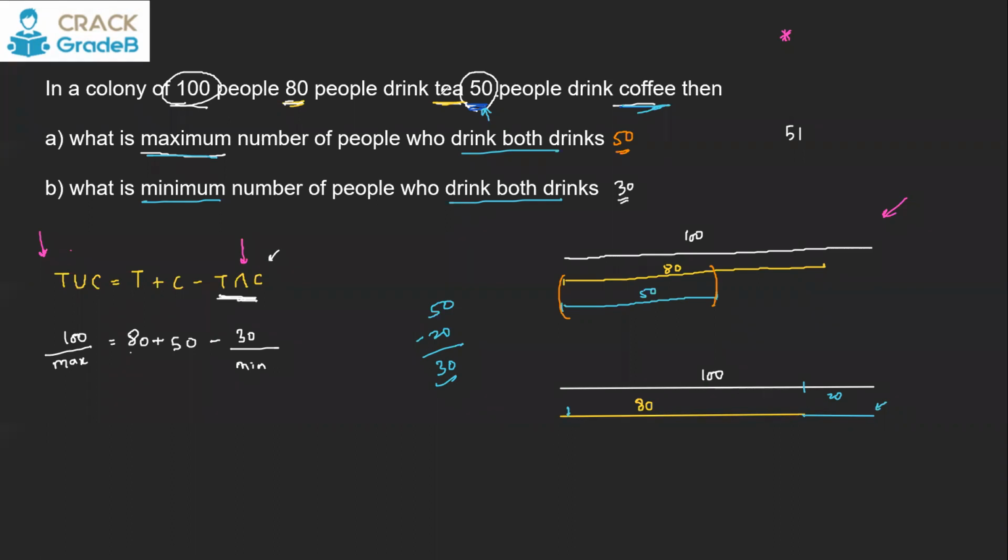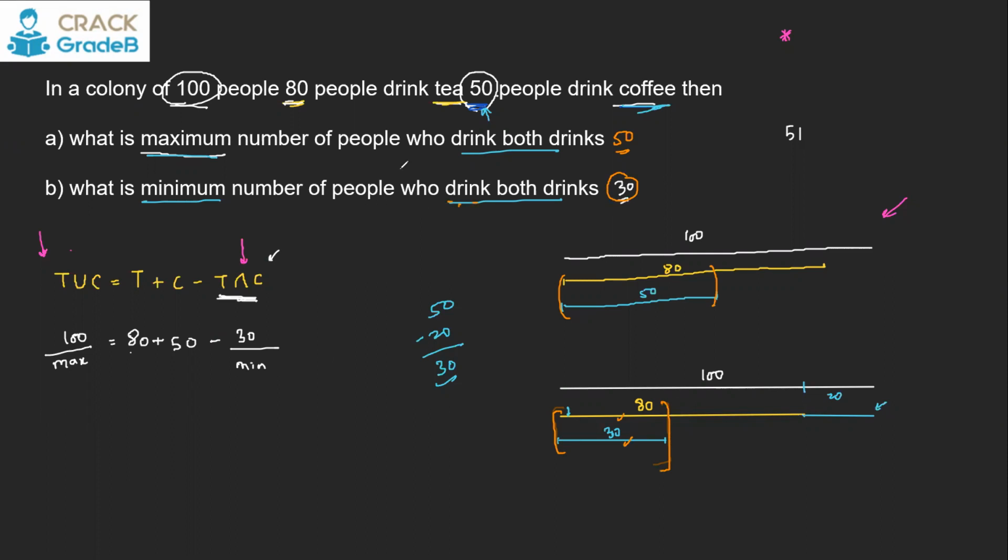So once you start redistributing, the remaining 30 coupons will go to those who already have the tea coupon. So how much is this length? This length is 30. So there are these 30 people who have both the coupons, coffee coupon as well as tea coupon. And hence that is the least number of people who have both the coupons, or who drink both the drinks, right?